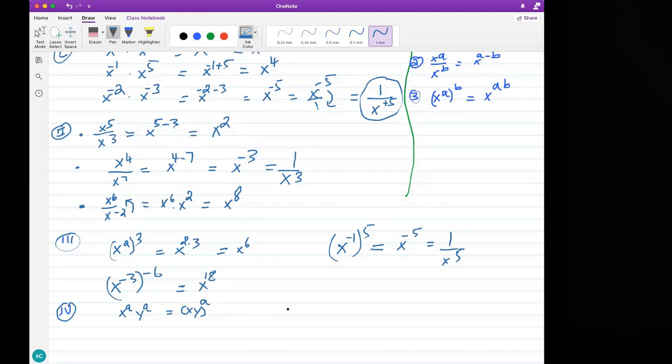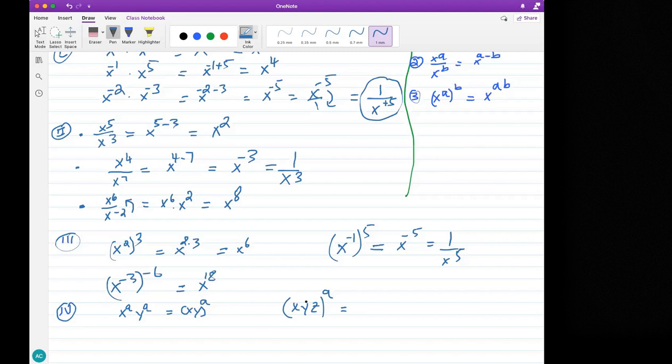Another example of this is if you have, let's say, actually let me use x, y, z. You may have x, y, z all to a power a, for example. So all these share the same power.